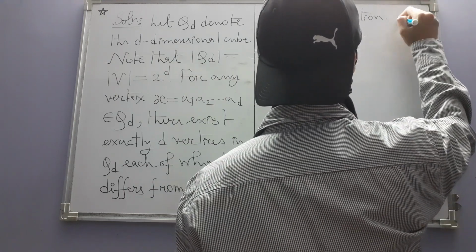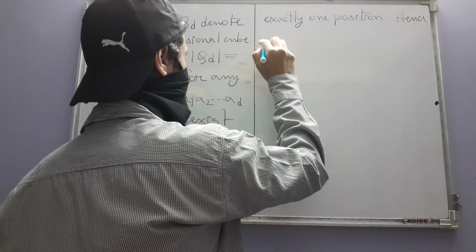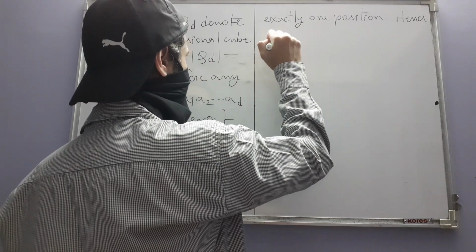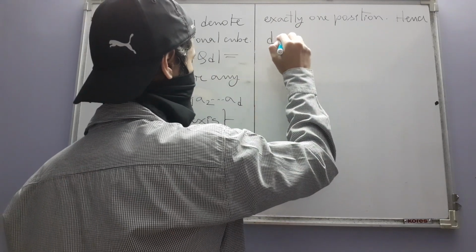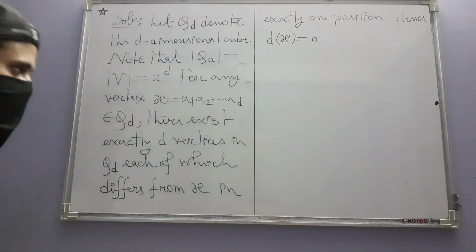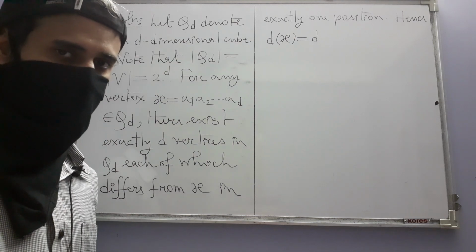Hence, because of this, the degree of x is equal to d. But x is just any vertex in QD, right?